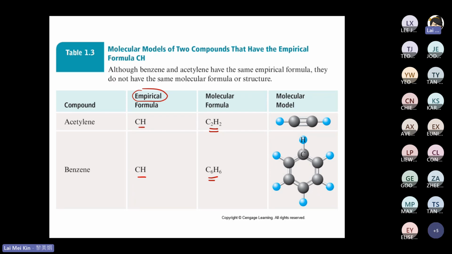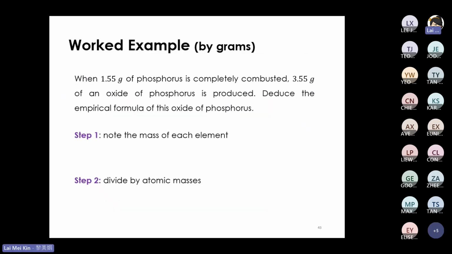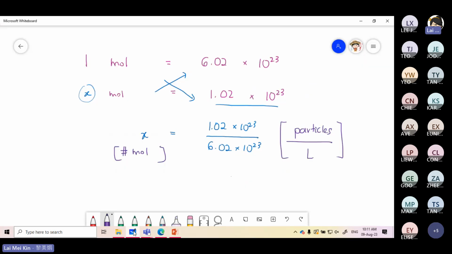So if we just use empirical formula, people might get confused. This is CH, this is CH. You don't know the exact molecule, so you will be confused with the properties. So we have to find the molecular formula, the real formula. Let me move to the whiteboard and do some examples.